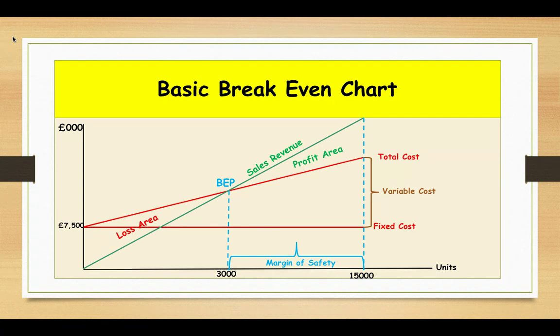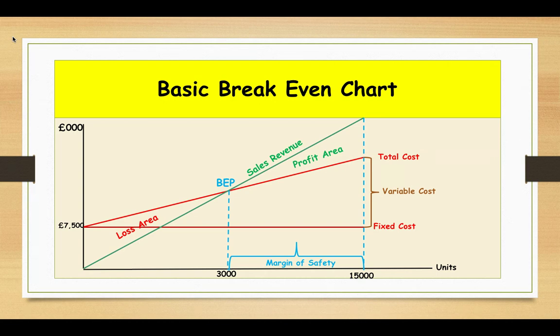So from this, we can calculate the margin of safety, which is the difference between the maximum number of units of 15,000, take away the break-even point 3,000. So the margin of safety is 15,000, take away the 3,000 is the 12,000 units.